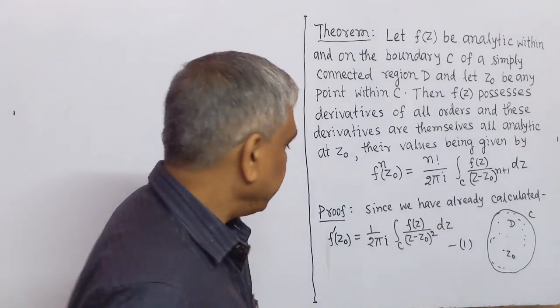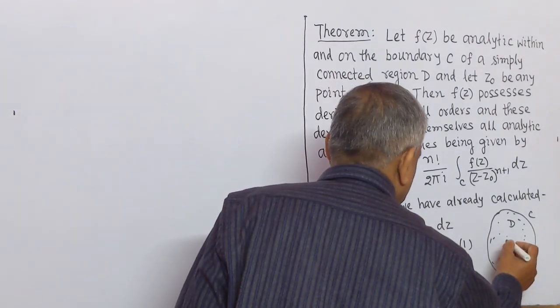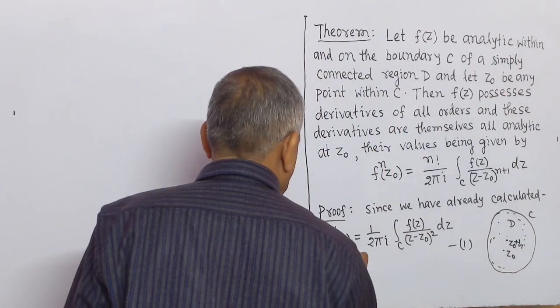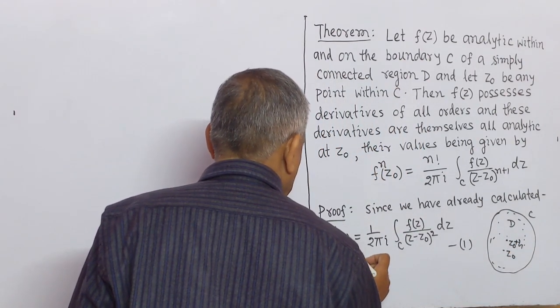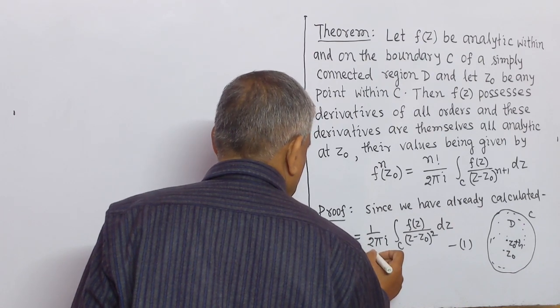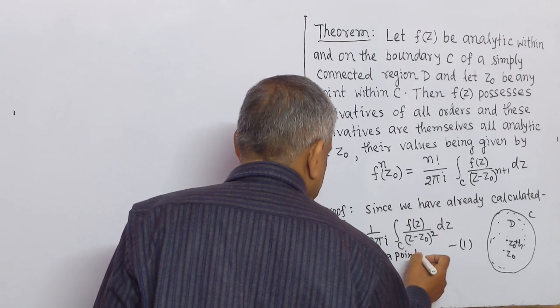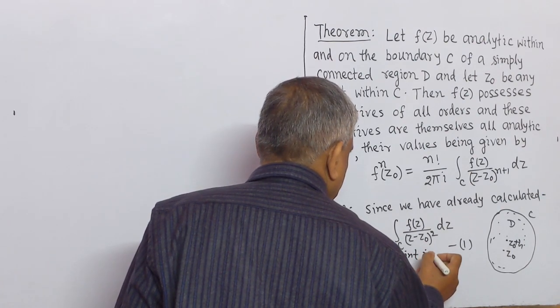Let this be number 1. Let z naught plus h be a point in D.